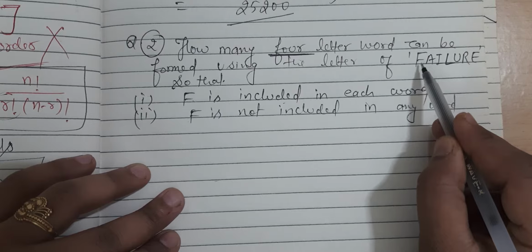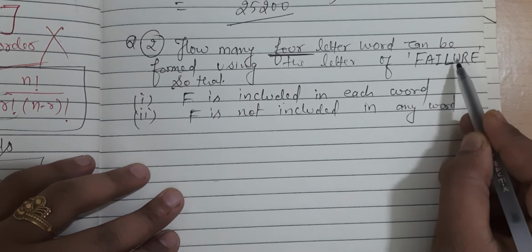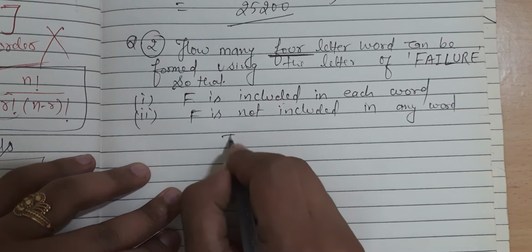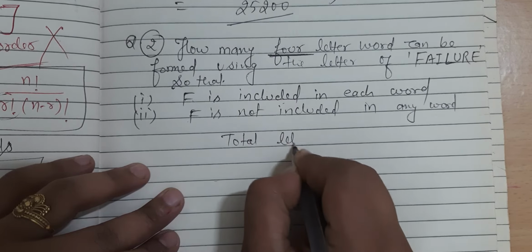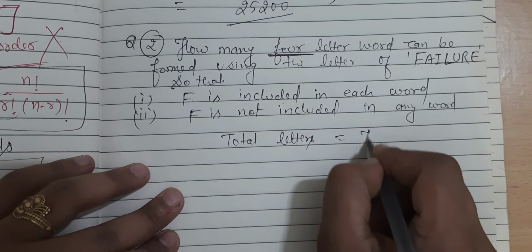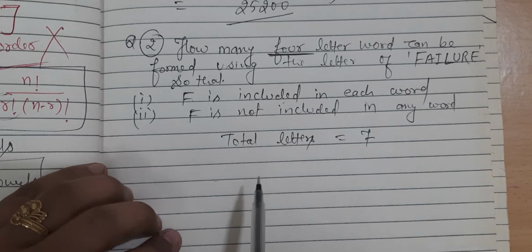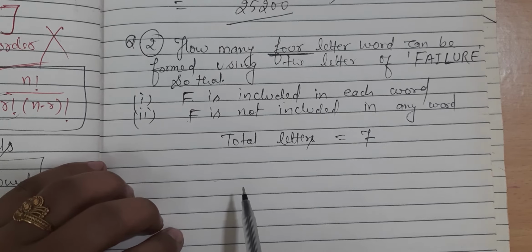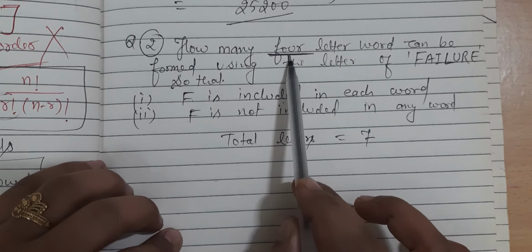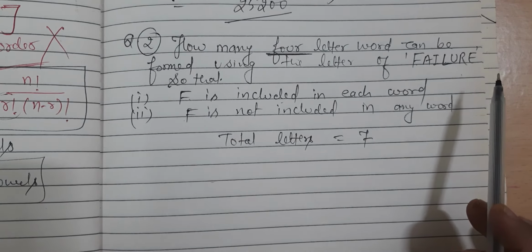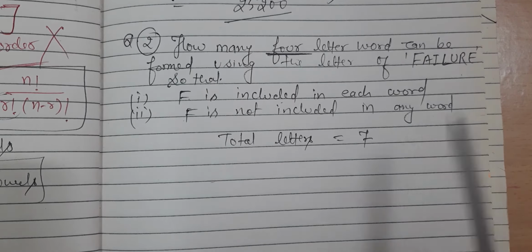The total letters given are 1, 2, 3, 4, 5, 6, 7. So total letters 7, and we have to form different words taking 4 letters. We have to take only 4 letters out of this 7.